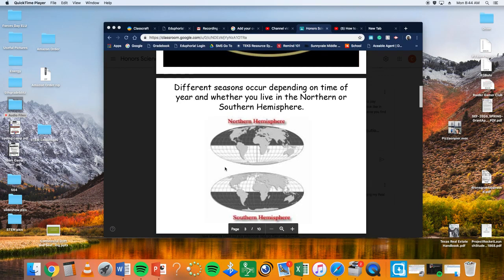Different seasons occur depending on the time of year and whether you live in the northern or southern hemisphere. So let's talk about a couple of things that happen here. You can look at the northern hemisphere and the southern hemisphere, each one highlighted in black, just so you can see which one's northern and which one's southern. December 25th, you guys know that as Christmas.